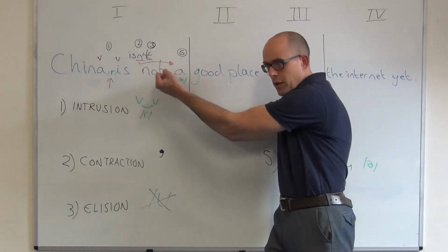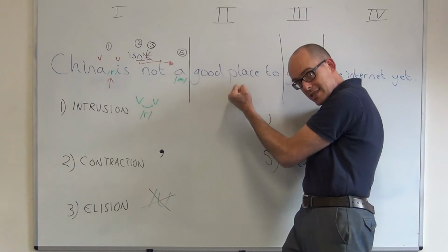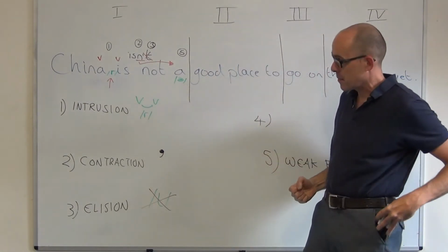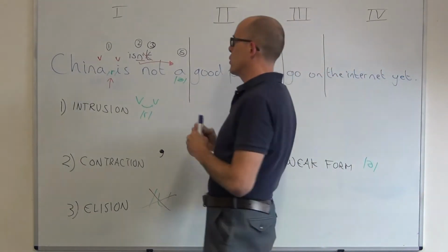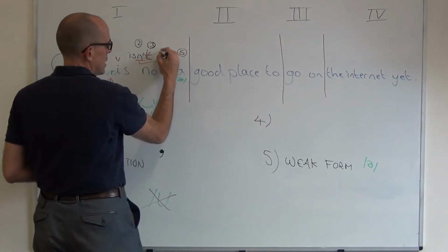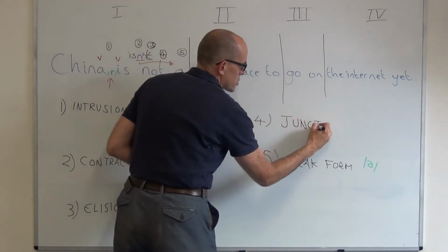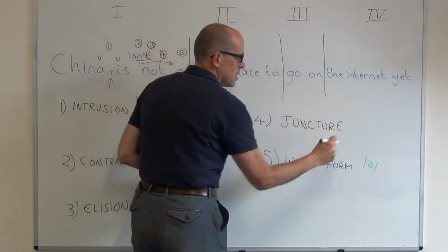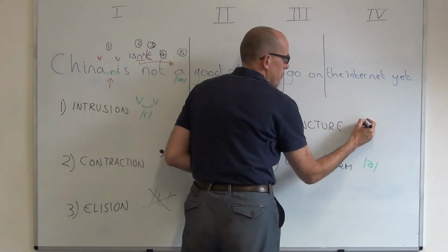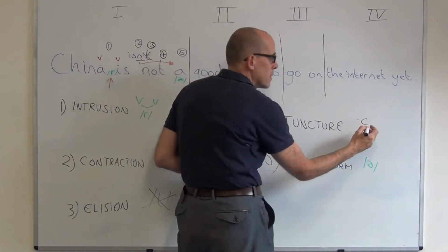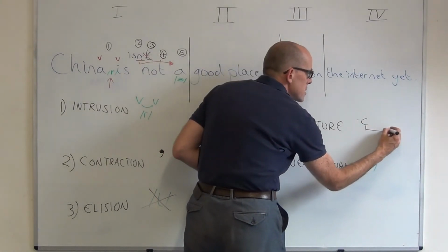Okay? We're moving, we're bringing that final consonant into the next word. That is number 4. Okay? Number 4 is called juncture. This is when a final consonant moves to the next word.